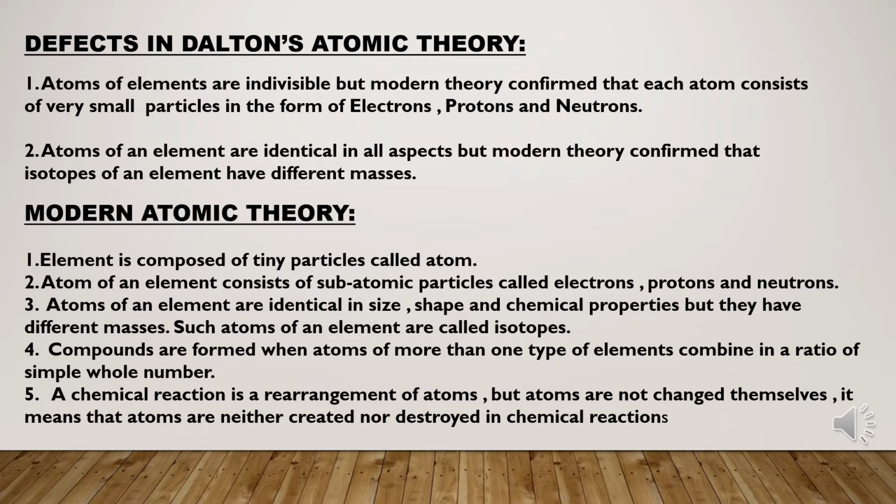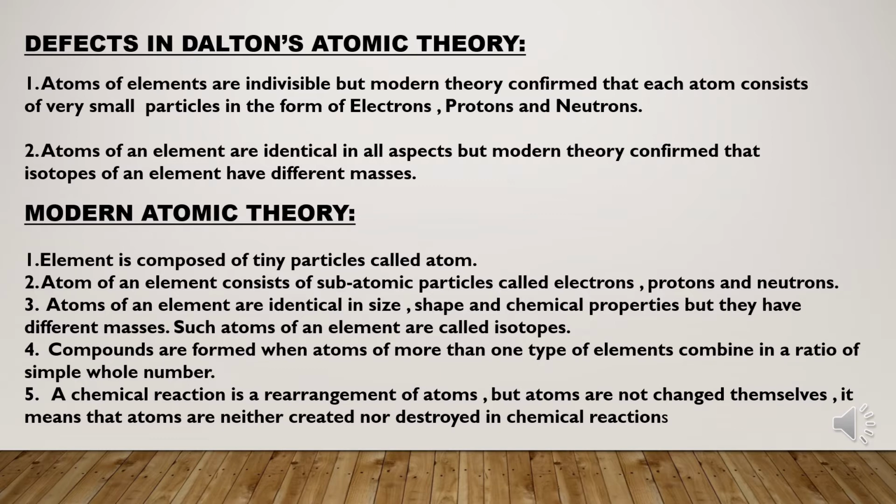What is modern atomic theory? Basically, as the time passed, new experimental facts led to the modification and extension of Dalton's atomic theory, and this modification becomes modern atomic theory. The important postulates of modern atomic theory are: element is composed of tiny particles called atoms.